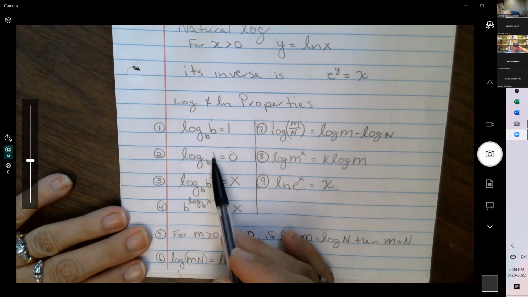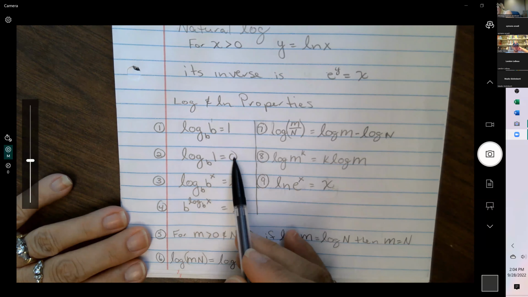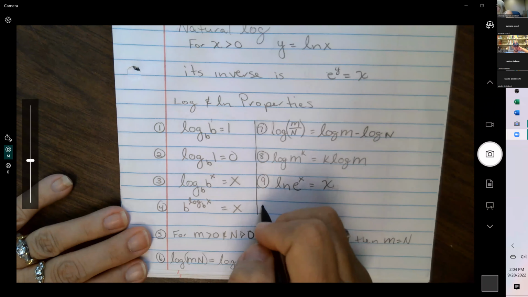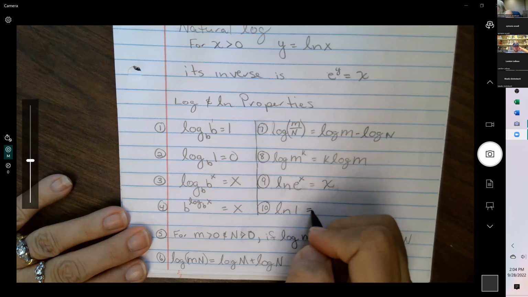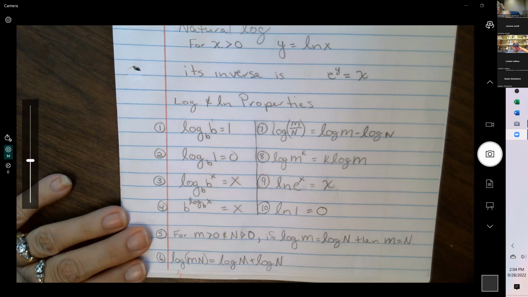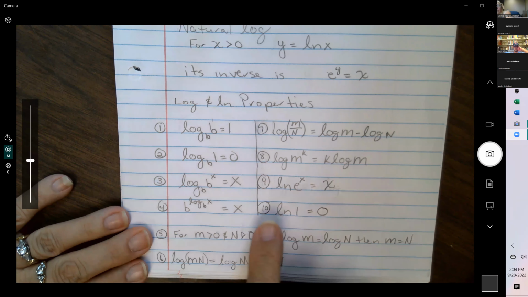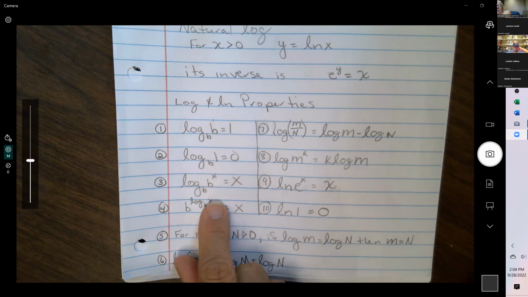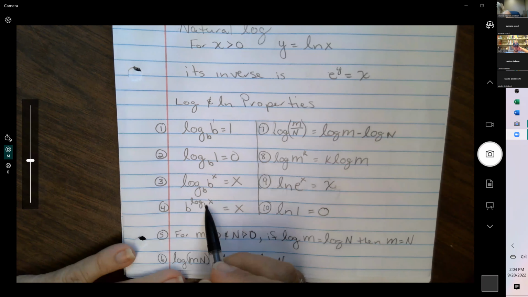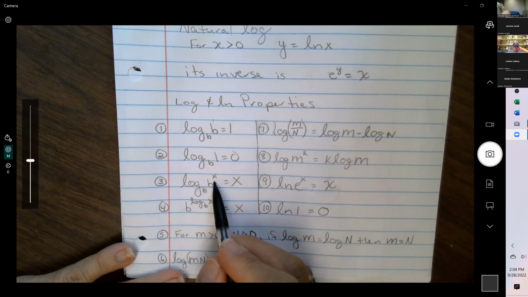The log of 1 is 0. The natural log of 1 is also 0. b to the log base b of x is x. You can think of these ones here like canceling.